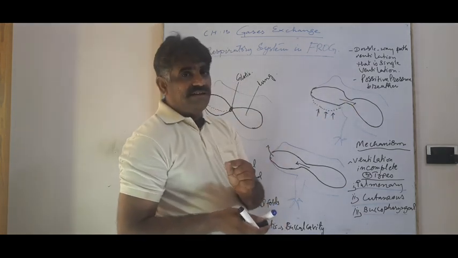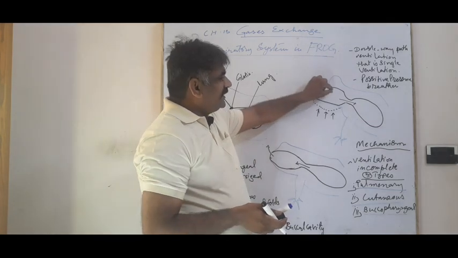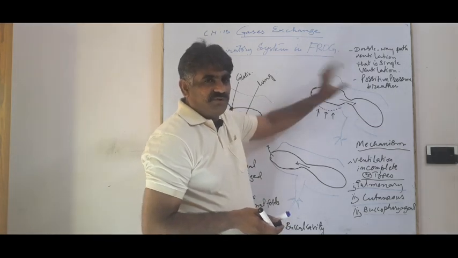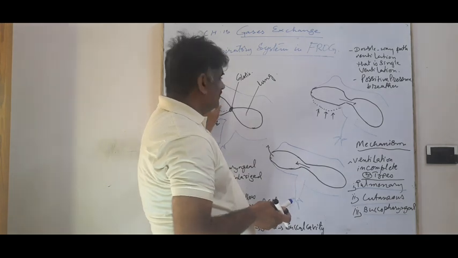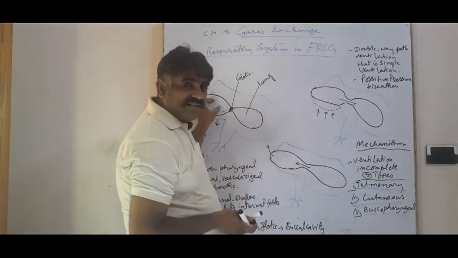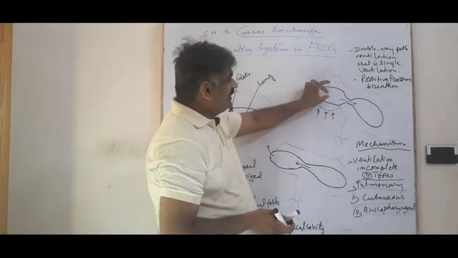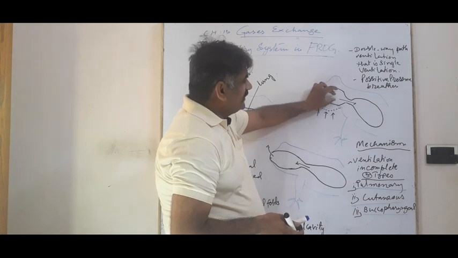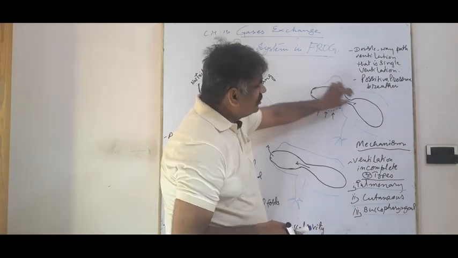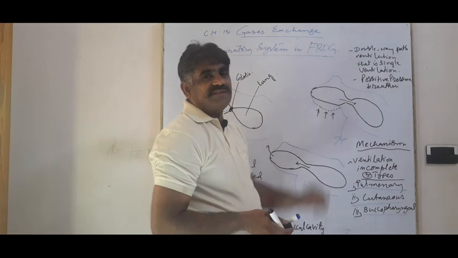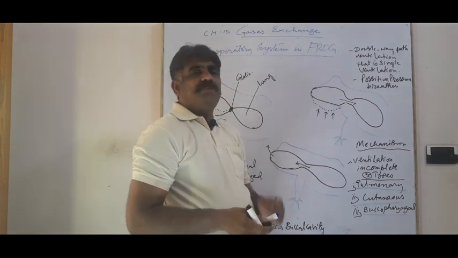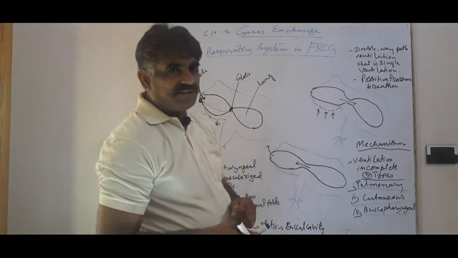We have seen here that a similar effect of moving air is produced. First air entered into the buccopharyngeal region, then a similar effect is applied so this air is pushed into the lungs. That's why it's a positive pressure breather.